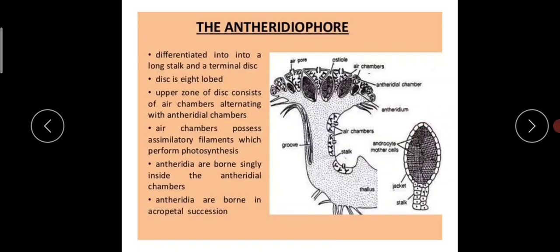Thus the antheridial wall ruptures, and the androcytes inside the antheridium come out through the ostiole to the surface of the disc, and there they spread apart, and the antherozoids come out. So this is all about the dehiscence.